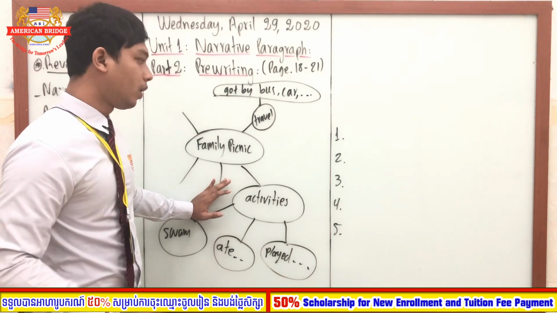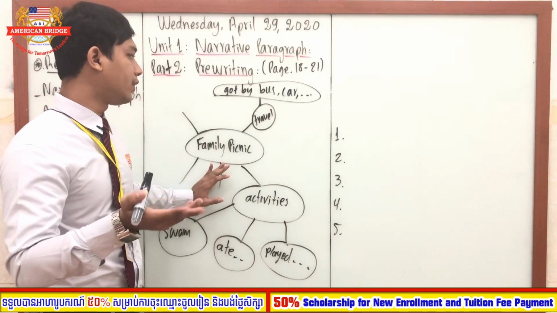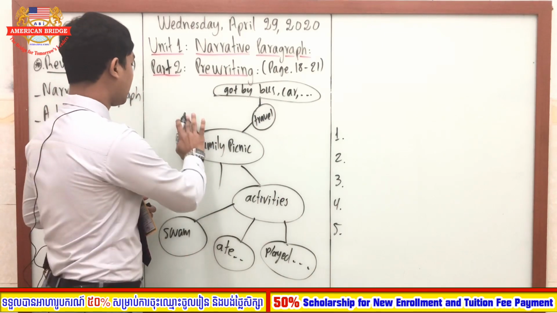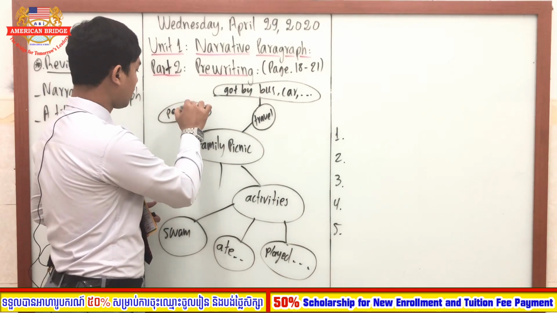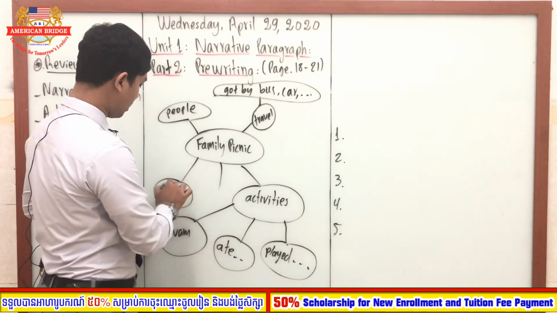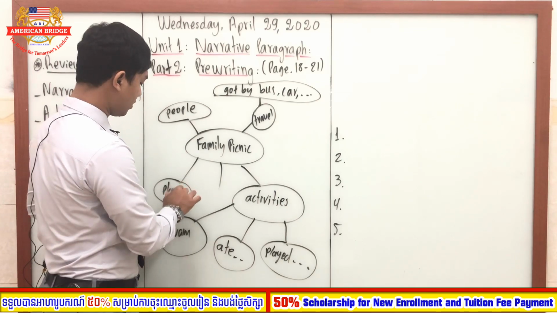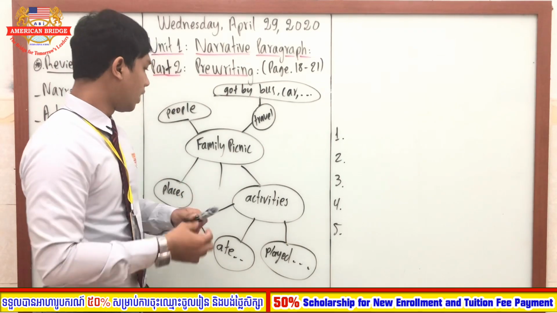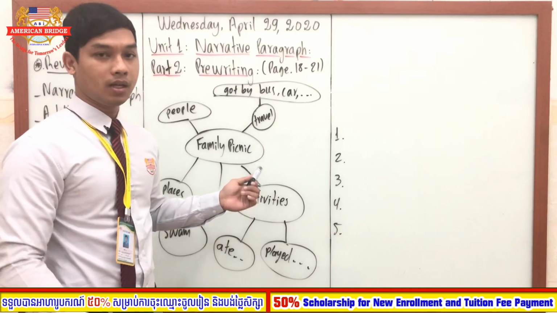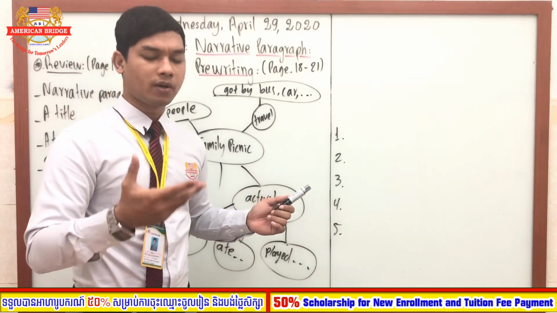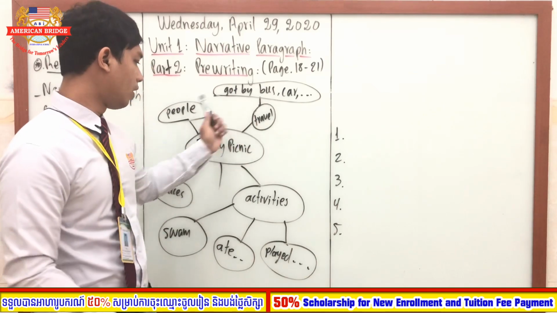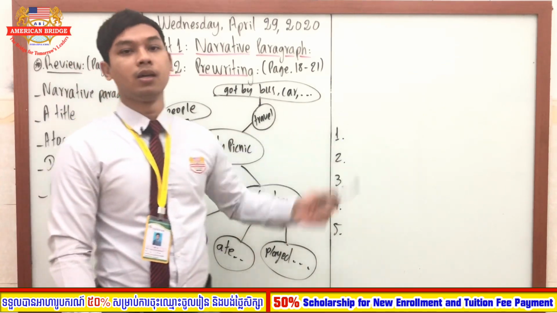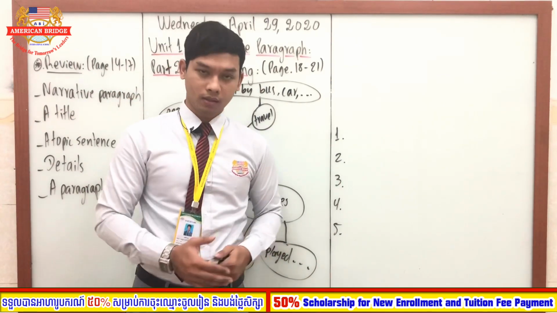You have to imagine by your own, and this could be like, for example, people. This could be places that you are going to. So this is a kind of mapping brainstorm that you have all of this activity, and then you can go into the paragraph.